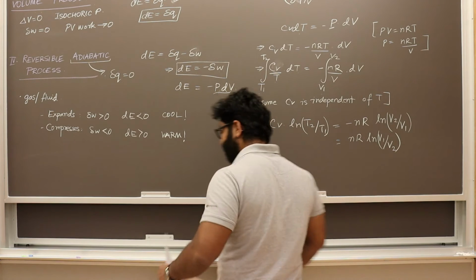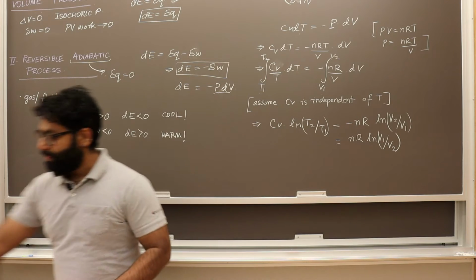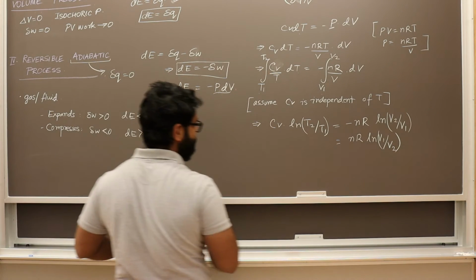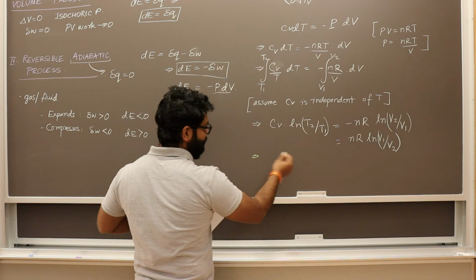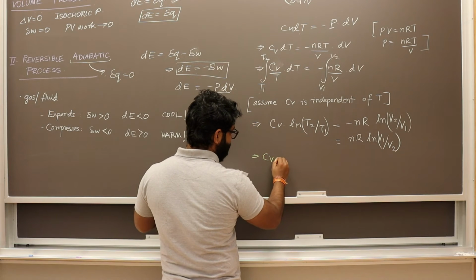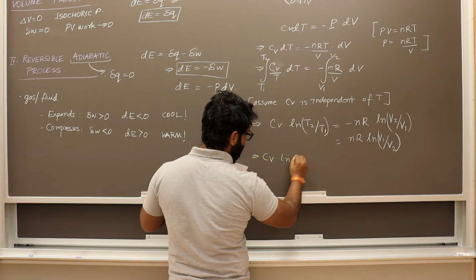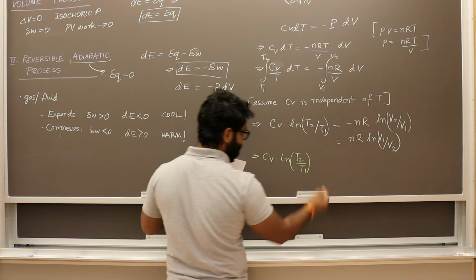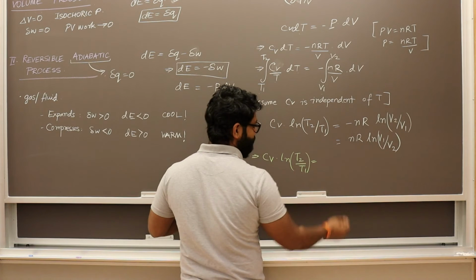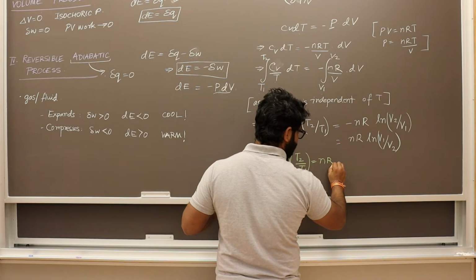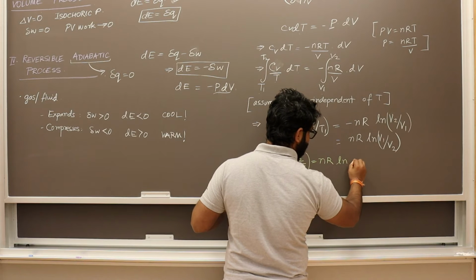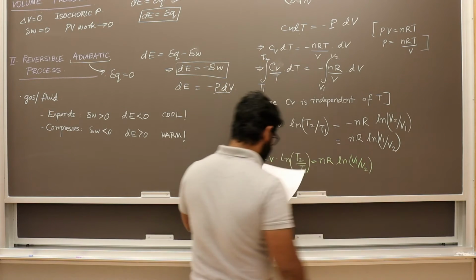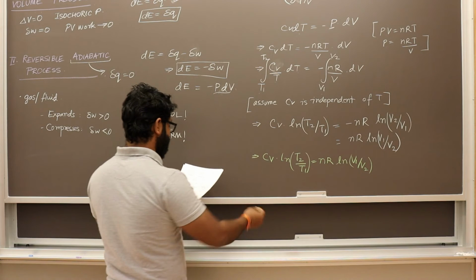So let me write this equation in a colored chalk. This becomes Cv ln T2 by T1 is equal to nR ln V1 by V2, okay?